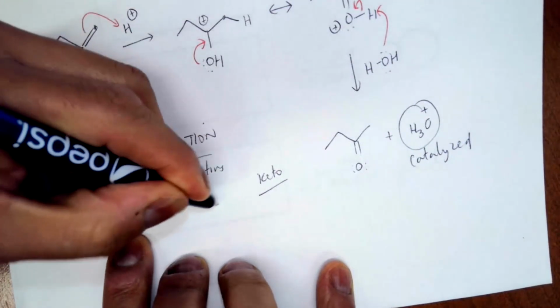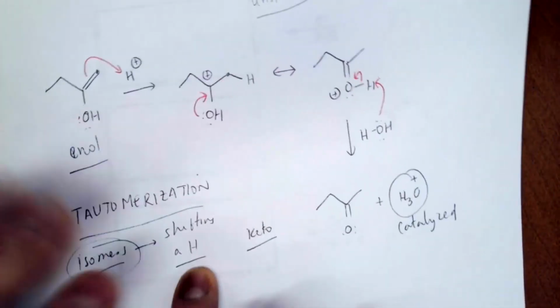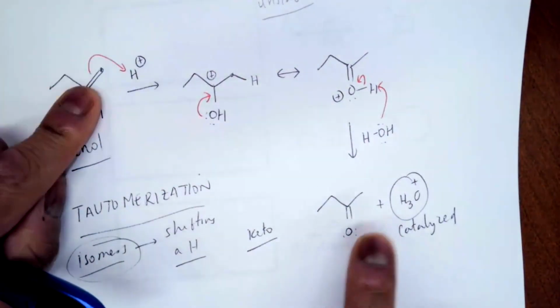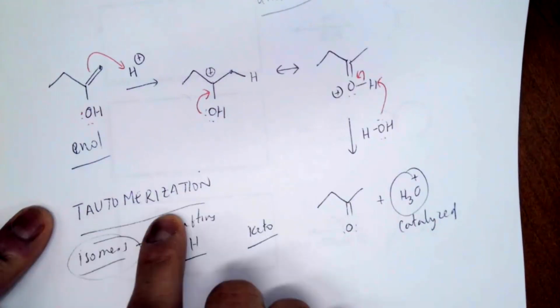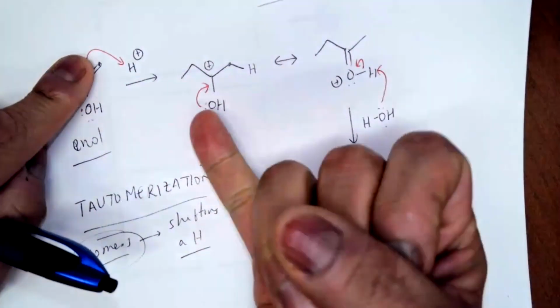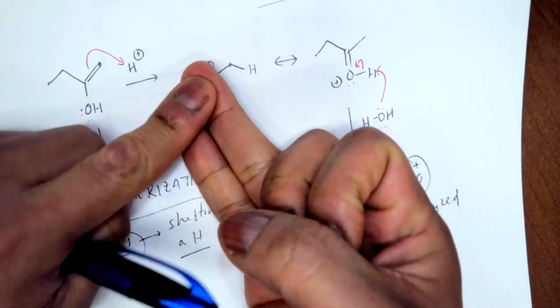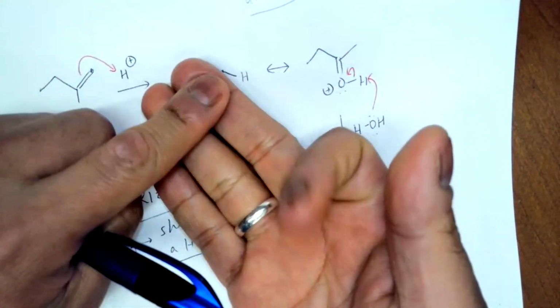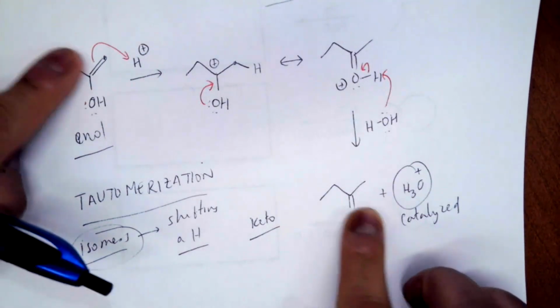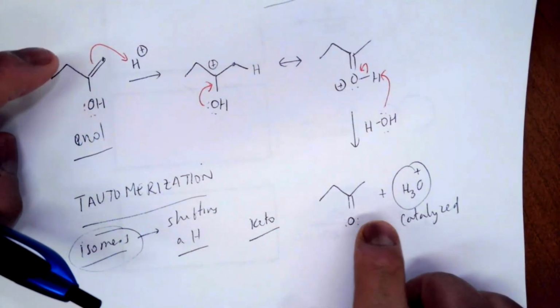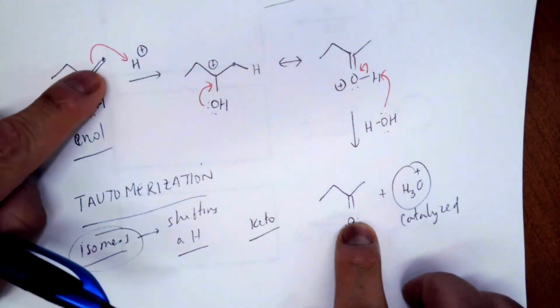The position of a hydrogen is shifted by a chemical reaction between two isomers. Once again, what are tautomers? Tautomers are not enantiomers, not conformers, not diastereomers, no. Two tautomers are compounds that have the same formula, and the only difference is the position of a hydrogen.